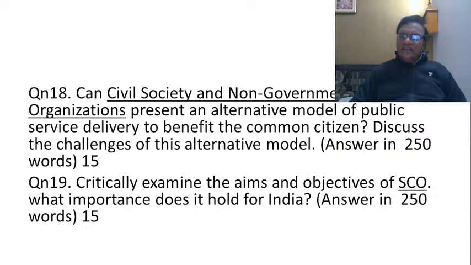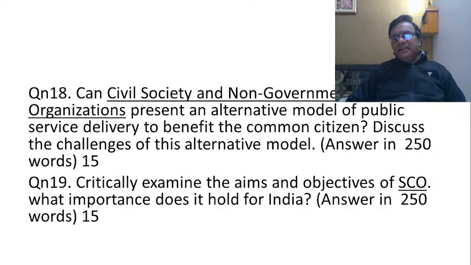It also looks at developing a democratic and equitable international order, and it works towards maintaining peace, security, and safety in this region, and also strengthening agreements in the field of trade, commerce, transportation, tourism, environment, education, and so on and so forth.